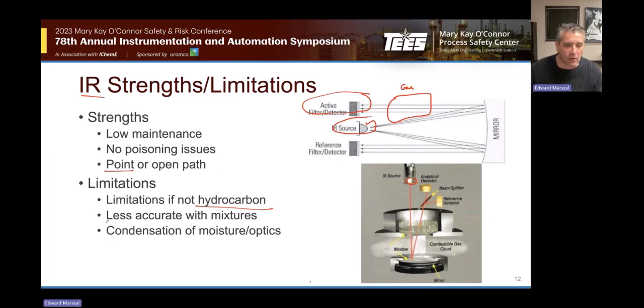The IR items are going to be less accurate with mixtures. With a catalytic bead, the different species are all combusting, and you can get a relatively good handle on the difference in heat release between a combustion of ethane versus a combustion of methane.